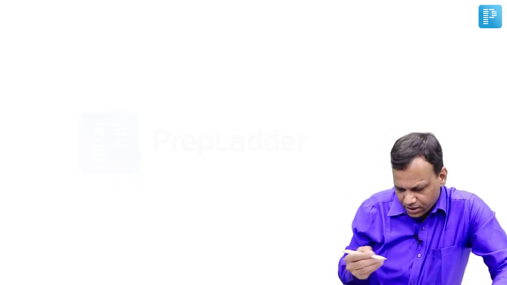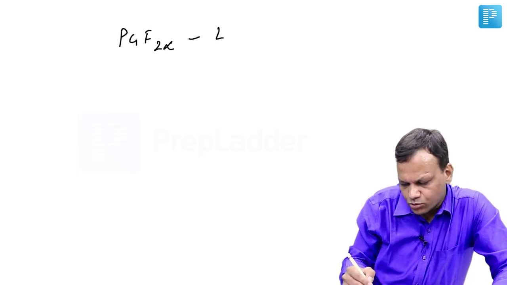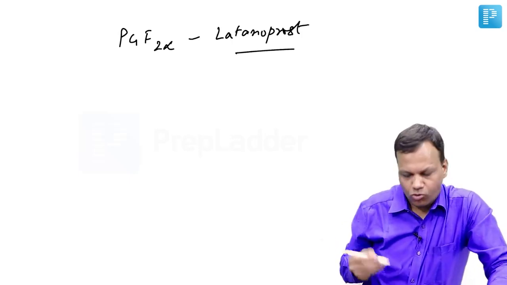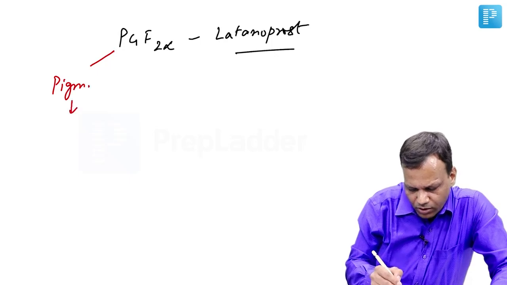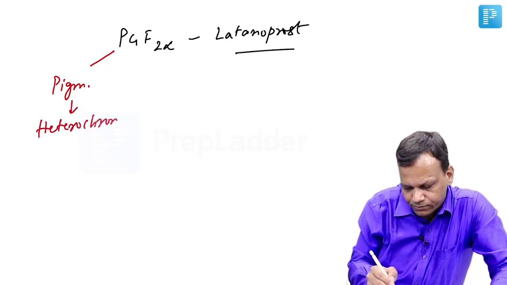Then we have drugs like prostaglandin F2 alpha. The drug mainly used is latanoprost. It is drug of choice for open angle glaucoma. The main side effects are pigmentation of the iris known as heterochromia iridis.